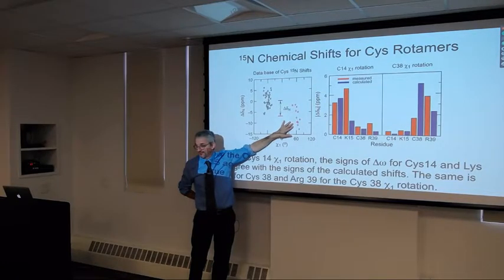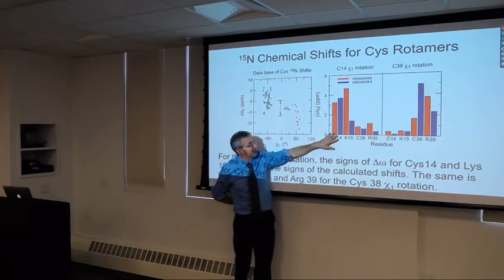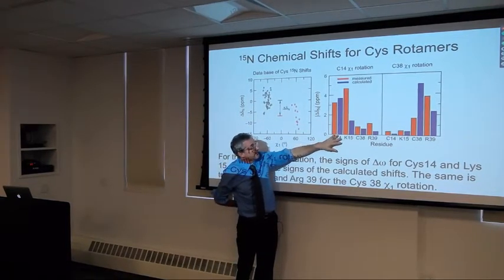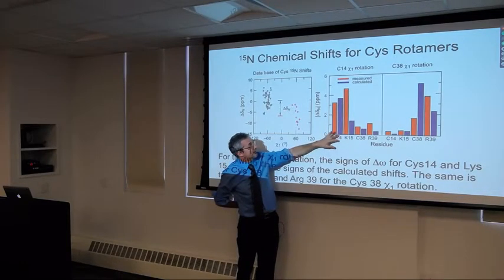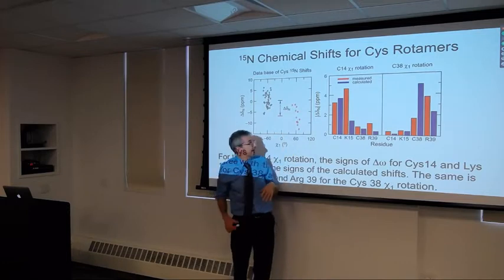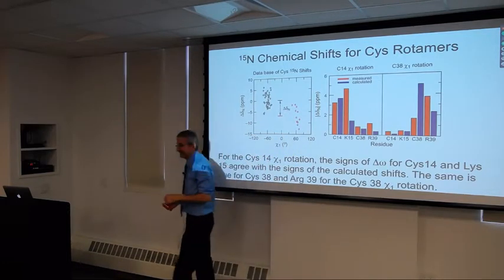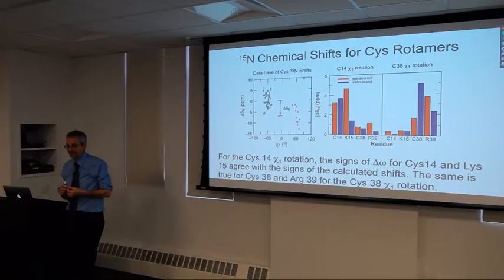And the different isomers had different chi-1 rotamers. Over here then, we just calculated, from back then primitive chemical shift calculation programs, the calculated chemical shifts compared to the measured values, and there's at least qualitative agreement. They've gotten much better. These days this works much better, and Lewis's group has some really spectacular results.